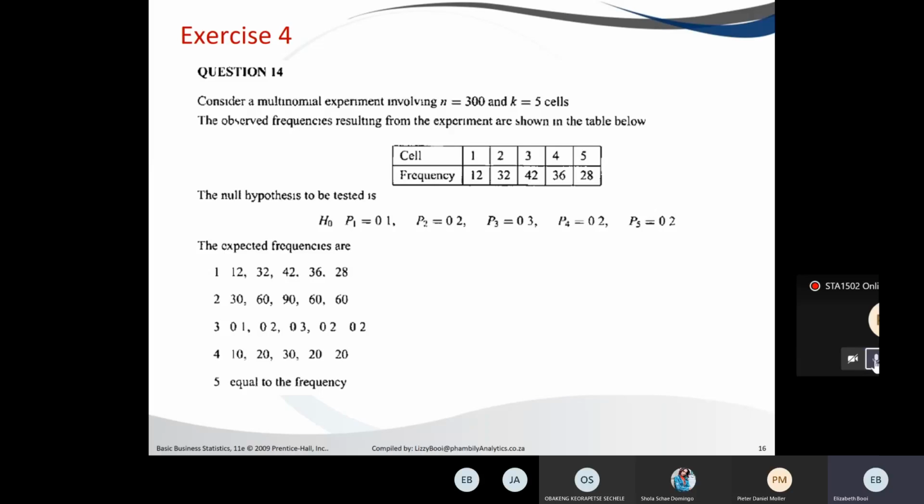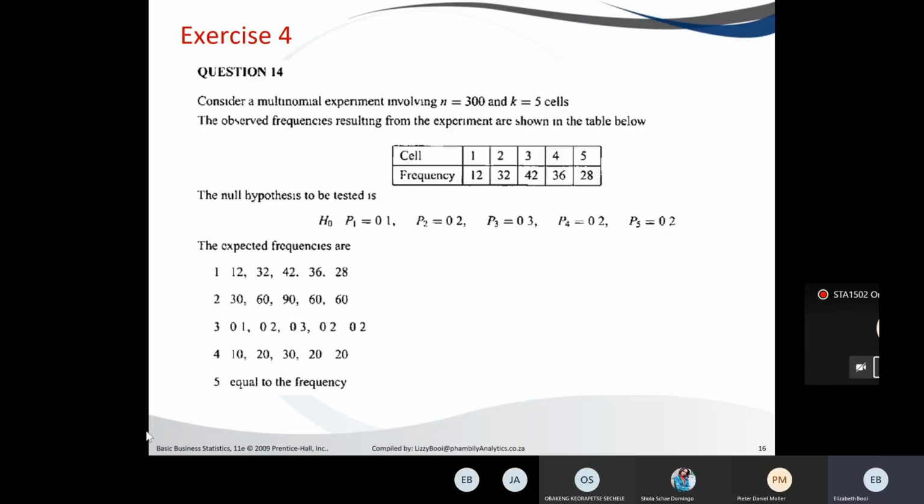Because it just wanted you to calculate the frequencies. Otherwise, then we can take it up on the WhatsApp group as well.